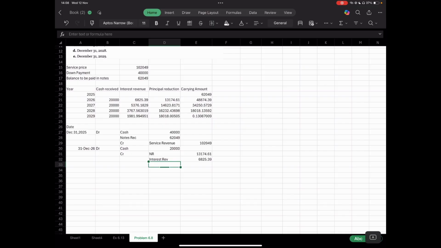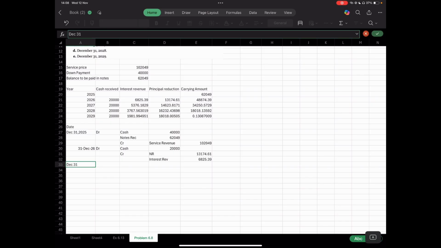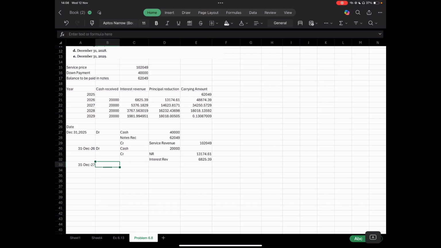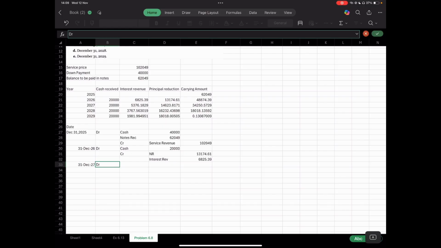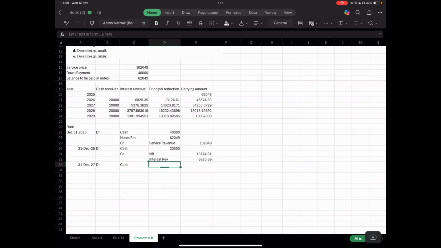This is our way to record the first installment and interest revenue. Now we're recording December 31st, 2027. Here comes our debit: cash, 20,000.